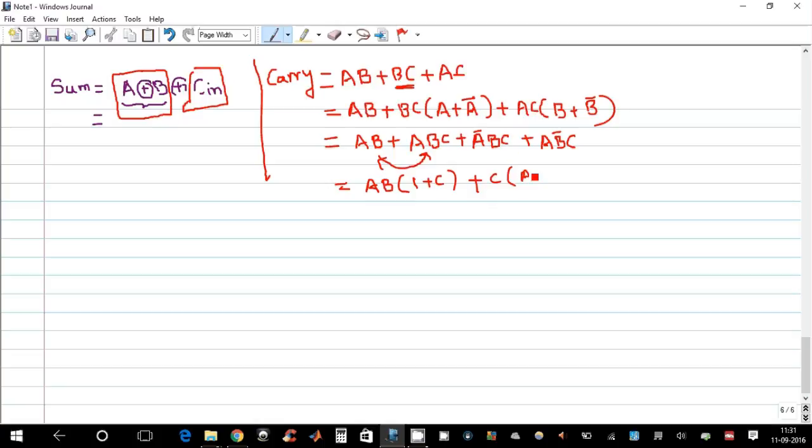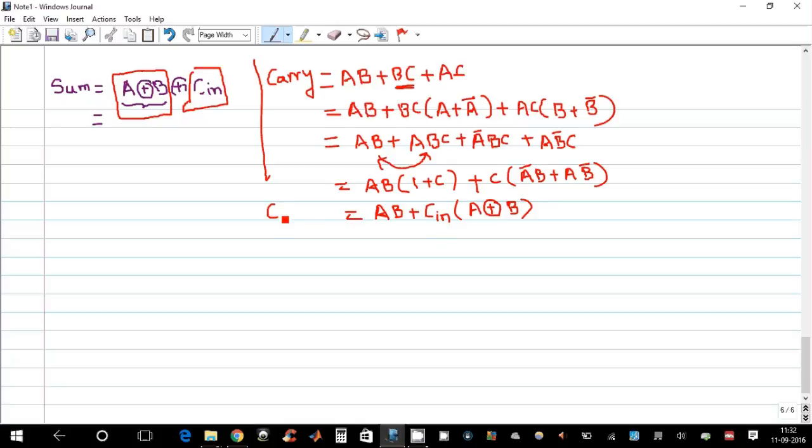So C into A bar B plus AB bar. So 1 plus anything is 1, so it is equal to AB, and C into A bar B plus AB bar, which is equal to A XORed with B.